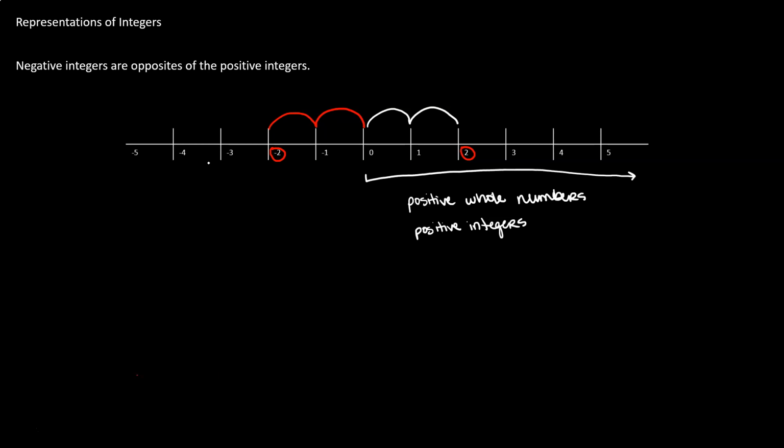We could find a positive integer and then map it over to the left-hand side to find the opposite, or the negative integer. Something to notice about our number line, we used to start at 0 and just go forward, and the numbers would become larger as we move to the right. Now that our number line goes further to the left of 0, we're going to say that these numbers get smaller as we move to the left, or more negative.